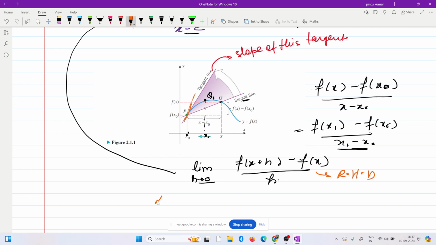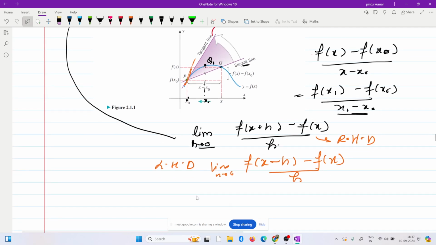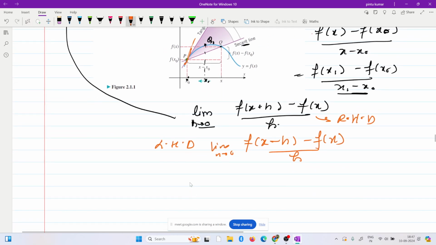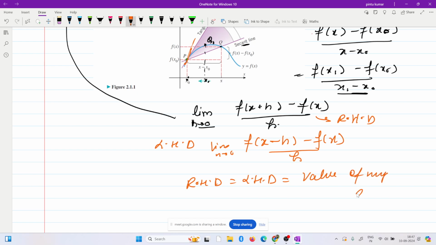Again, we can approach it via the left path, and we will have f of x minus h minus f of x divided by h, and limit h tends to 0. So if my left hand derivative and right hand derivative both match, that is the value of my derivative.